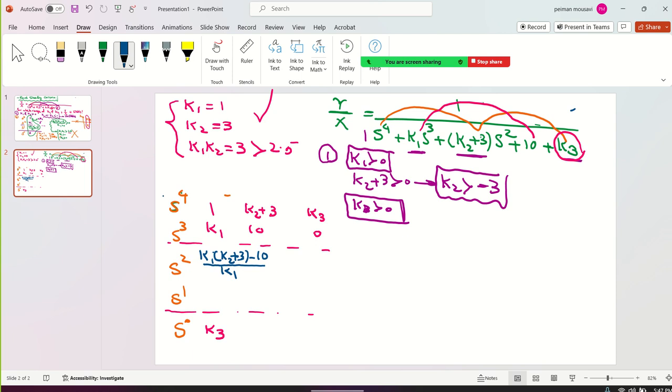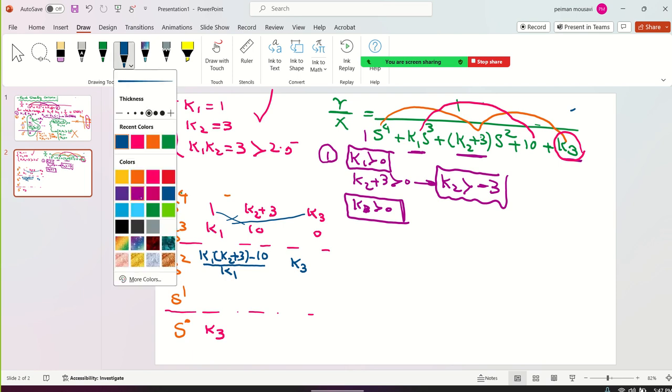And now here, K1 K3 minus 0 divided by K1, so here it is going to be K3. First this by this minus this by this divided by K1, then this by this minus this by this divided by K1. Now this line s^1, we go for this.